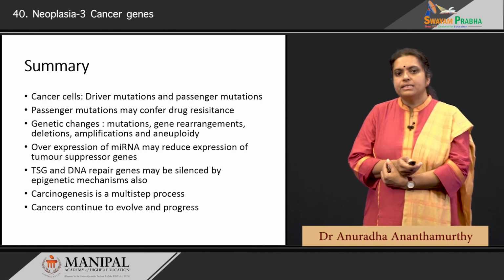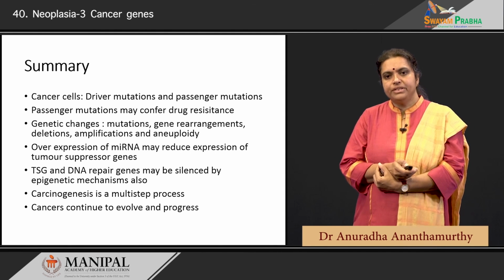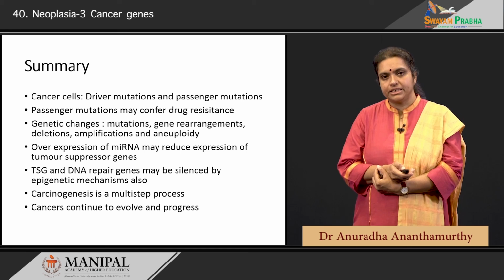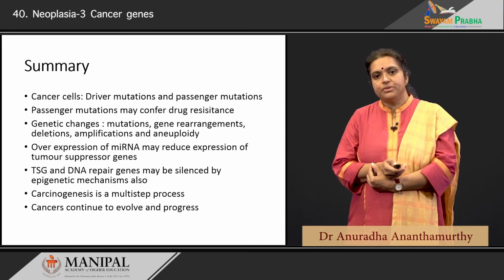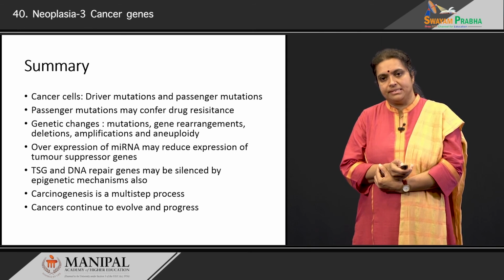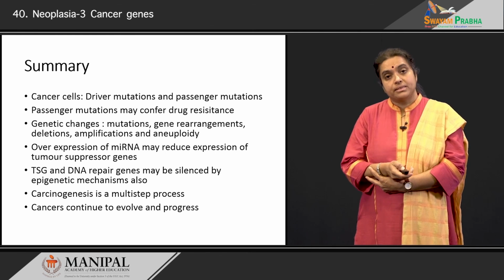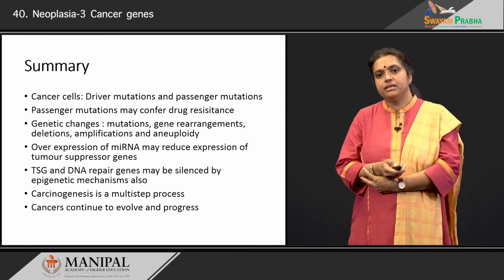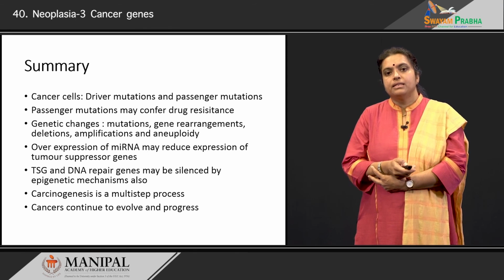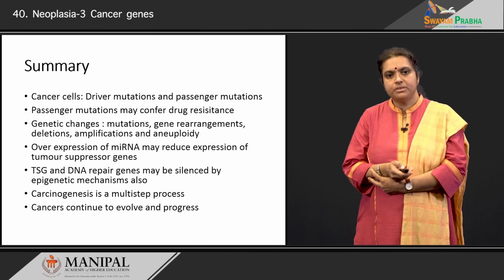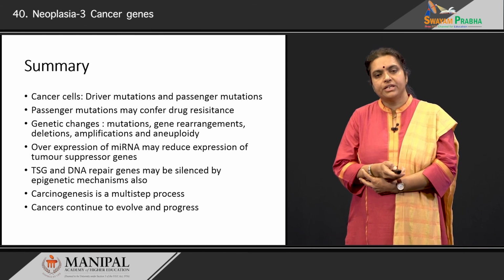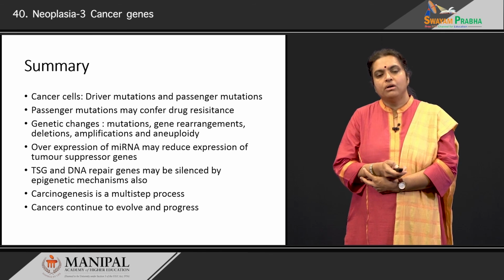Okay, to summarize, in this lecture we have dealt with the genetic changes that occur in cancer cells. So, there can be two kinds of mutations, driver mutations and passenger mutations. Passenger mutations, importantly, they confer drug resistance. The genetic changes that can occur are mutations, gene rearrangements, deletions, amplifications and aneuploidy.